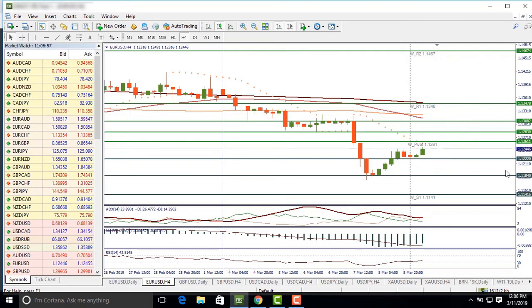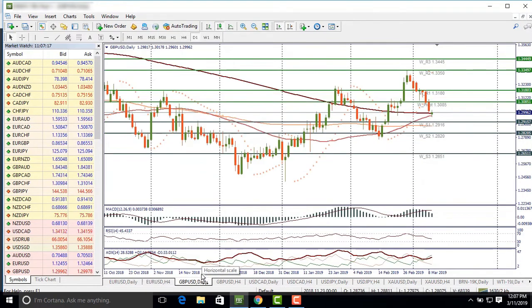Otherwise, the pair will rise to the resistance at the weekly pivot at 112.61. If bulls are strong, they will break this level and target the next resistance at 112.83.